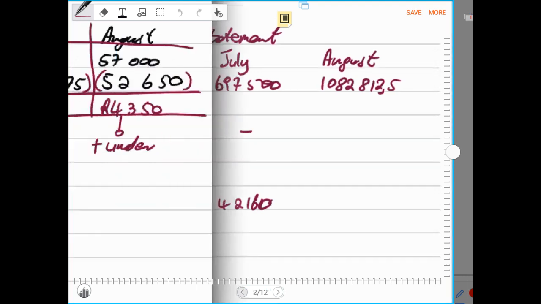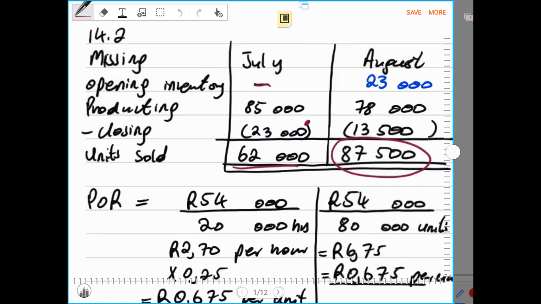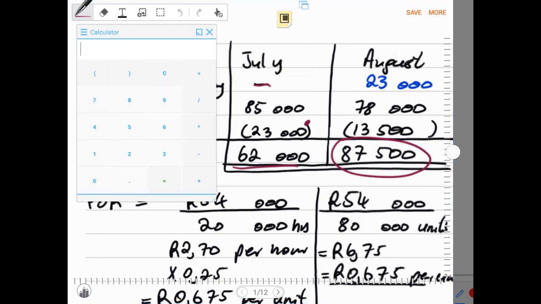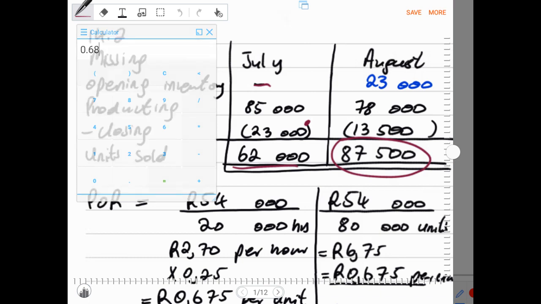So now we need to determine our variable cost per unit so that we use that for the next period. It will be 42,160 divided by 62,000 units. This will give us 0.68 Rand as the variable administration cost per unit.